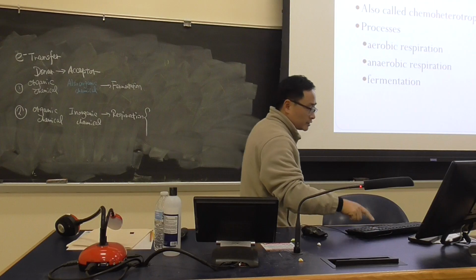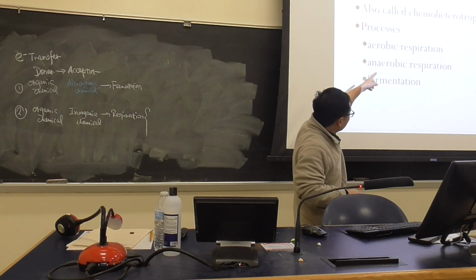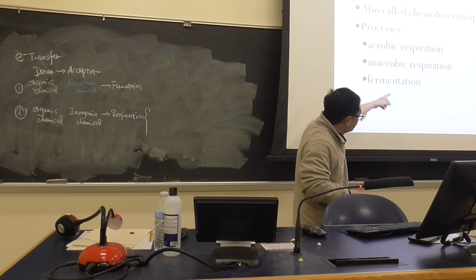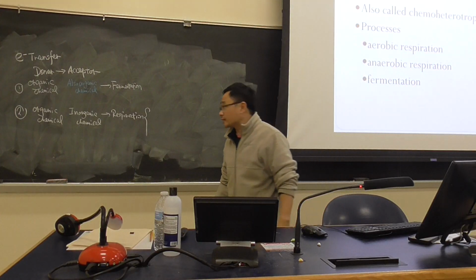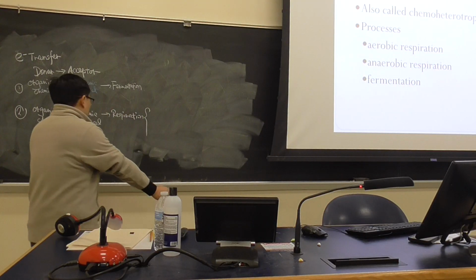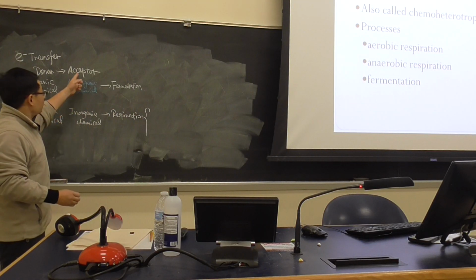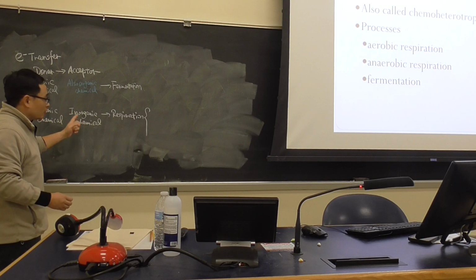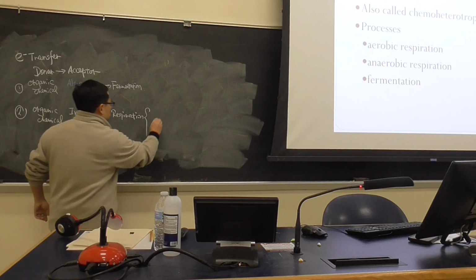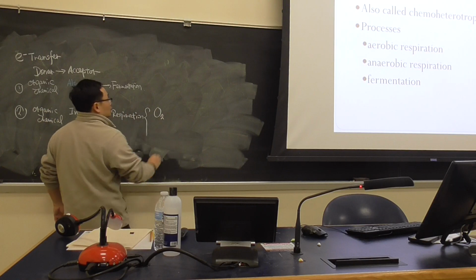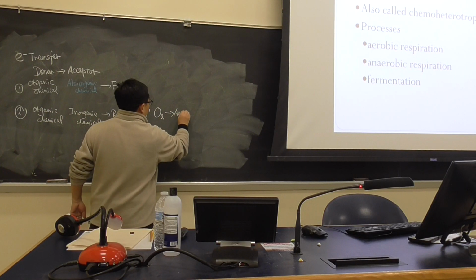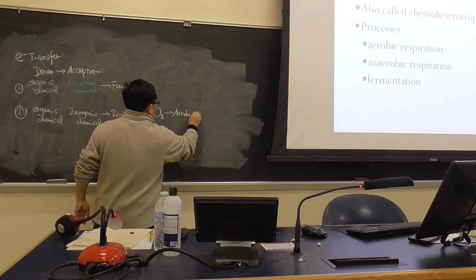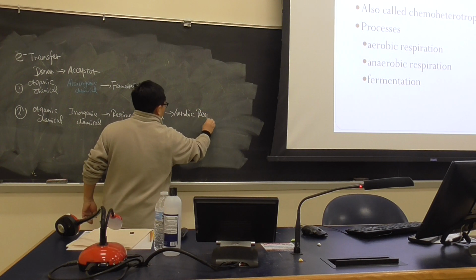Then you look here, they said aerobic respiration, anaerobic respiration. What does this mean? If the final electron acceptor is an inorganic chemical, and it is oxygen, this is called aerobic respiration.